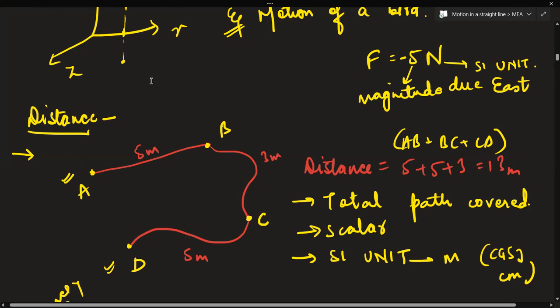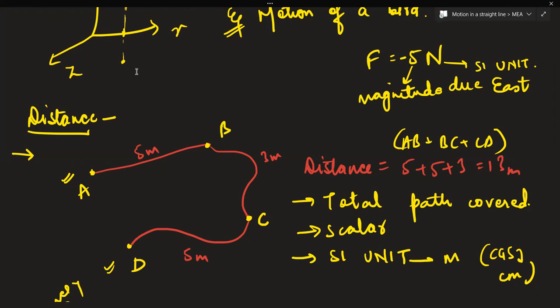Just a second, give me a second. Fine. So this entire path that has been covered is known as distance. It's a scalar quantity, so no need to worry about direction. Simply use the SI unit meter.